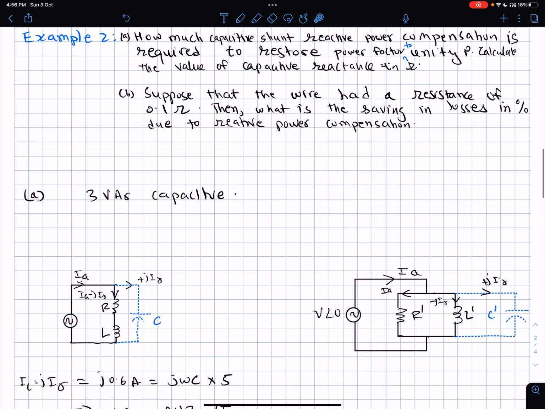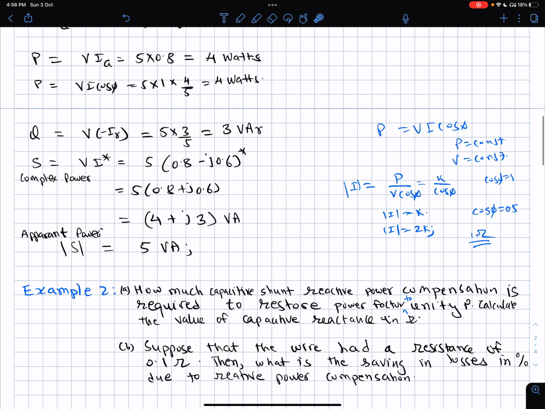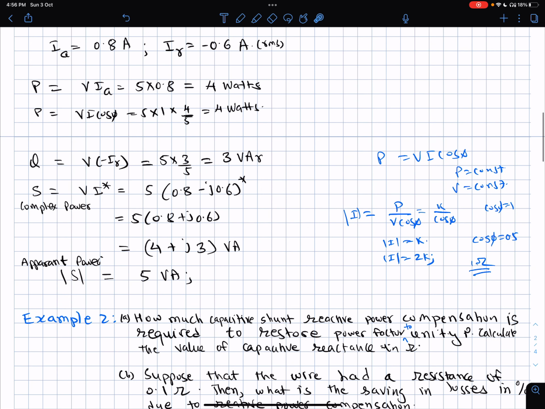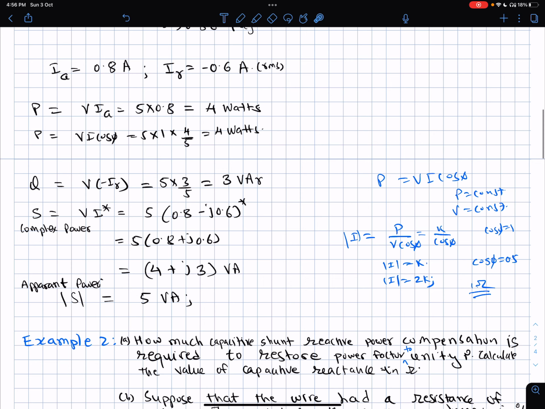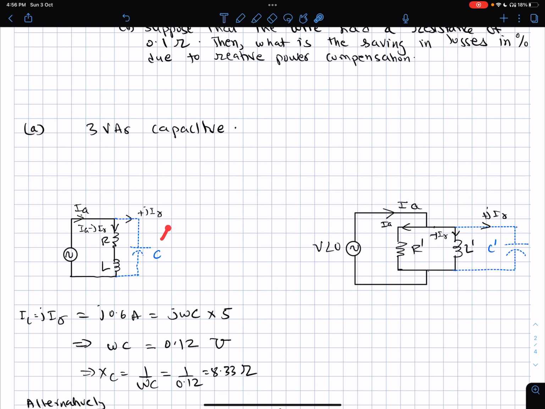Okay, so first of all, look at this. My idea is that we will connect a shunt capacitance in parallel with this RL load and bring the power factor of this current to unity.